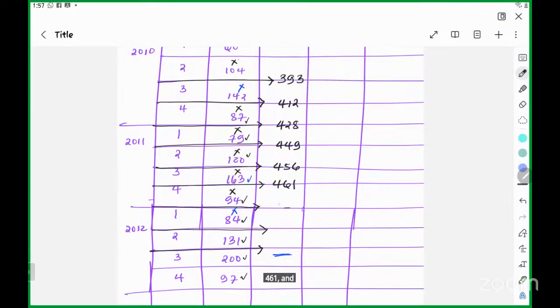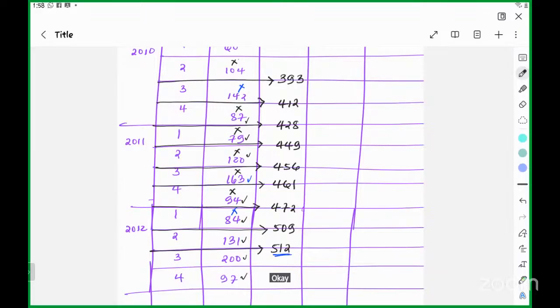And then next? 472. 509. 512. Now add the last 5 and last 4 and see.